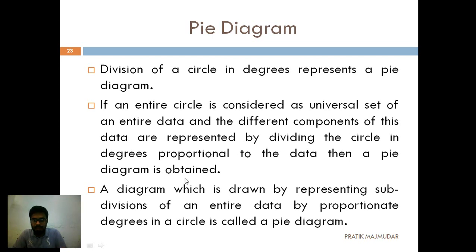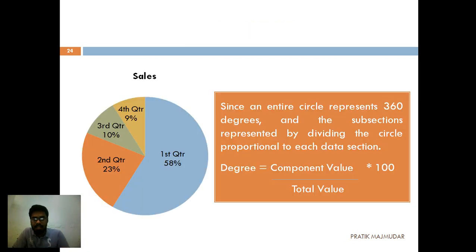So how are we going to create the pie diagram? This is an example. The sales are given for 4 different quarters, 1, 2, 3 and 4. From this you are able to understand which quarter has the highest number of sales. You can see that the blue one is the highest, at 58%.